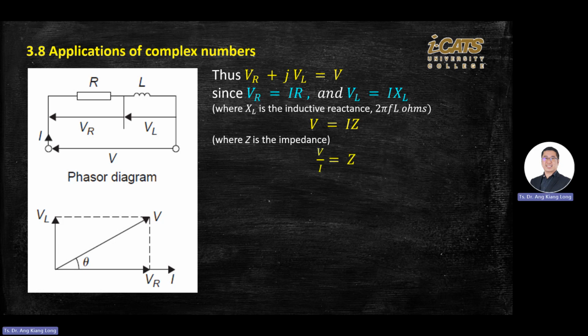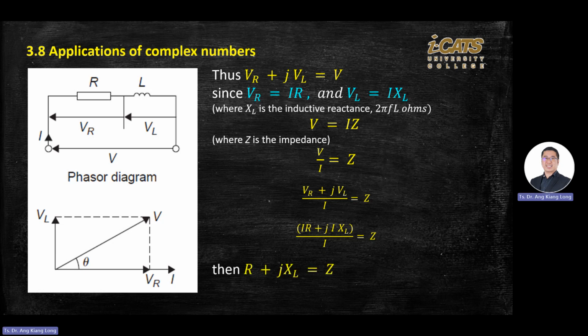So sometimes Z is impedance. So you write Z in this form. You move your I to the left-hand side, so V divided by I equal to Z. And V, capital V in the complex format, is VR plus JVL, divided by I. And you can substitute VR equal to IR, VL equal to IXL.